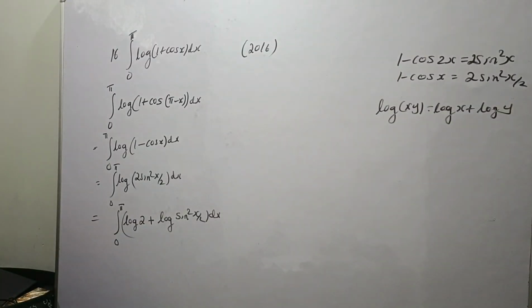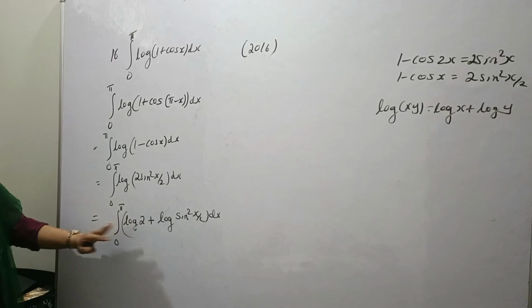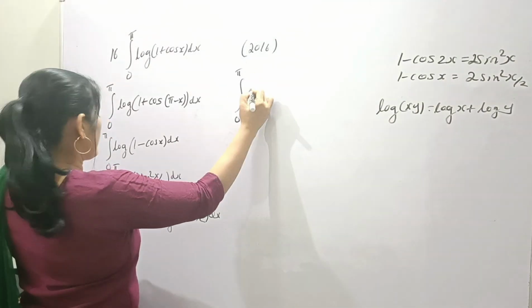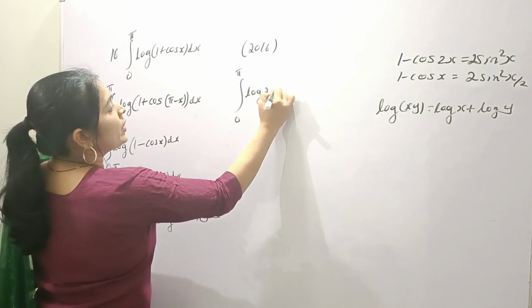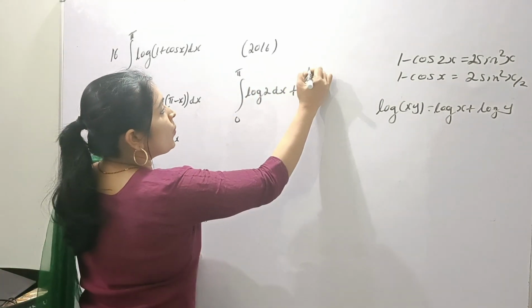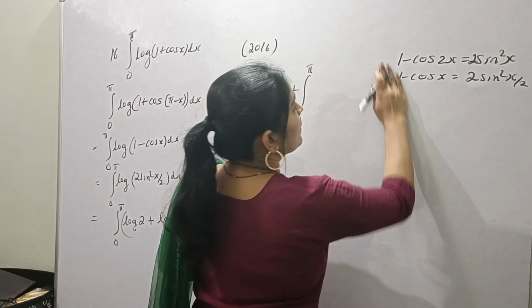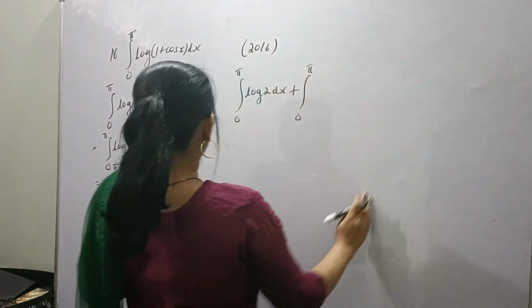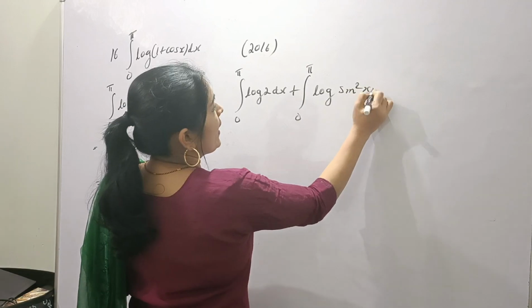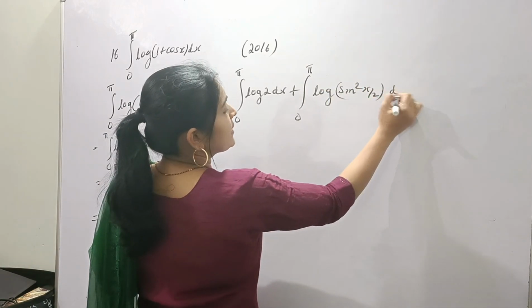Then let's split it. Log 2 is a constant, so this can be written as integral 0 to pi log 2 dx plus integral 0 to pi log sin square x by 2 dx.